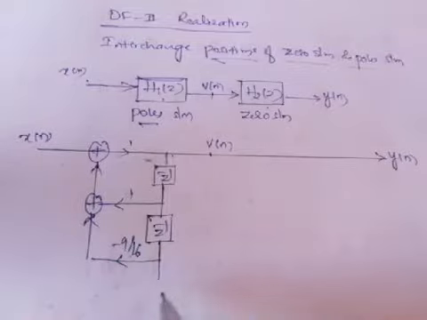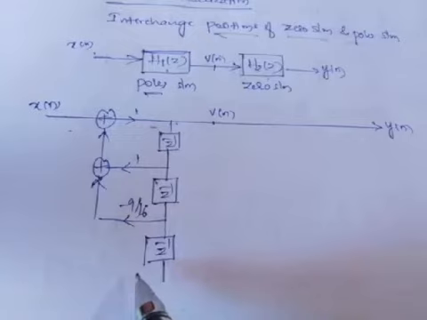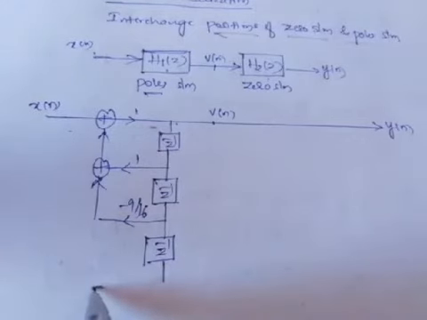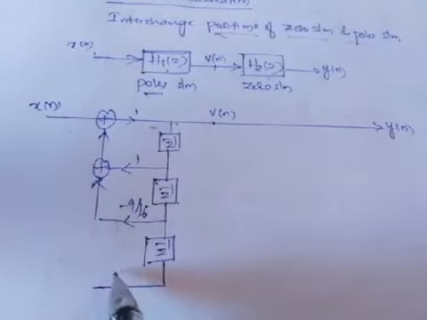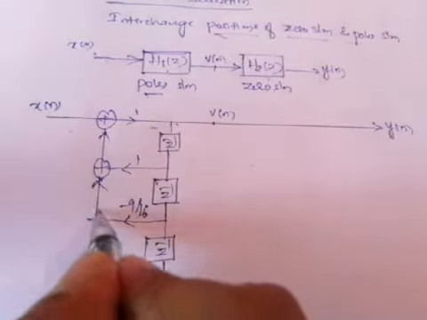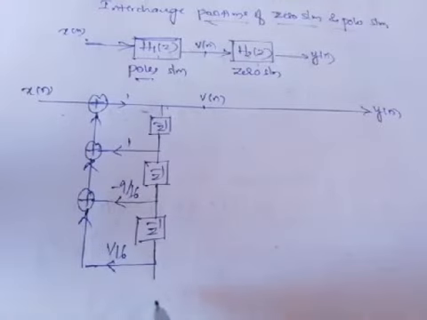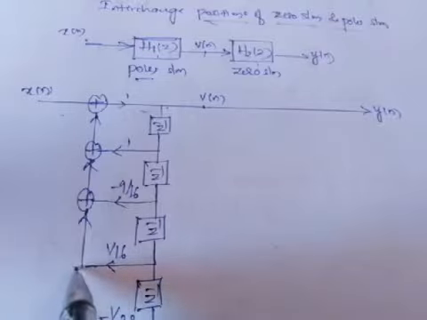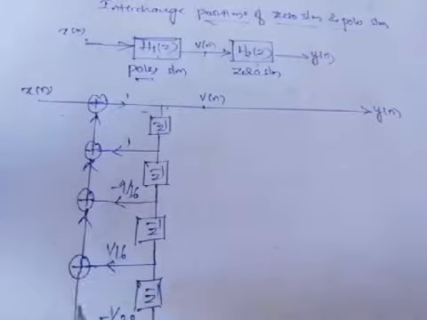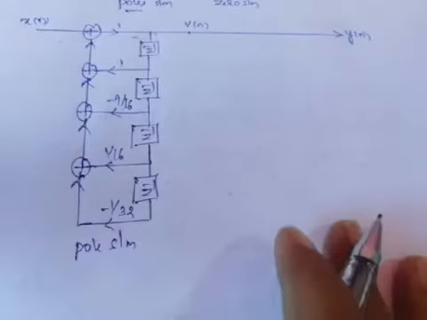Next, third time delay. The coefficient term is minus 1 by 16, take the opposite, plus 1 by 16, add with the previous operation. Next, fourth delay. The coefficient term is plus 1 by 32, take minus 1 by 32, add with the previous operation. Hence it becomes the pole system.